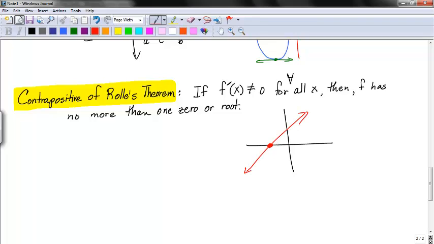There's only one zero, or root, because if it came back down, you would have a max or a min point. So if f prime does not equal 0 for all x's, then f has no more than 1 zero or root.